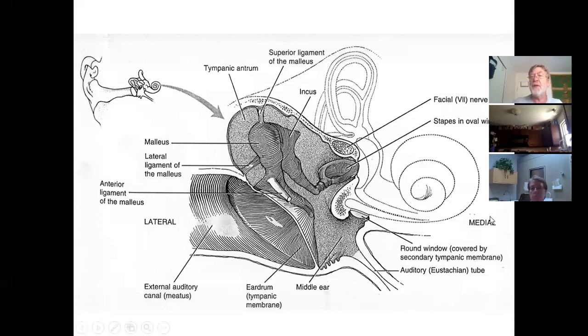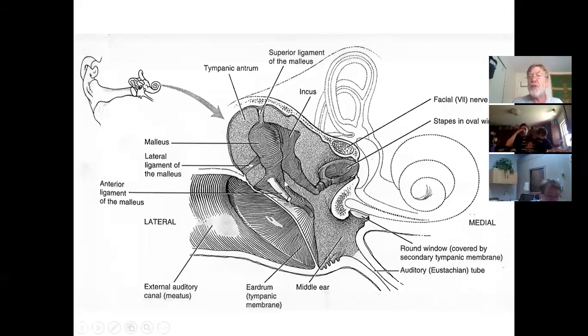Because what is the inner ear or cochlea filled with? Fluid. Okay? And what is the middle ear space filled with? Air. And it is imperative that the air pressure of the middle ear space has to be equal to the air pressure in the ear canal.